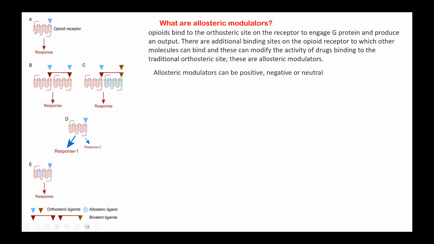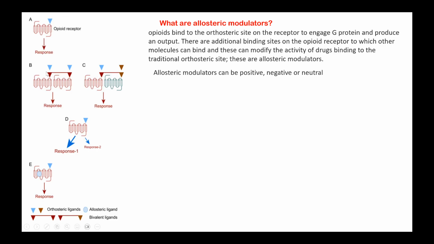Now, this is the picture of the seven transmembrane G protein receptor in the cell membrane. This blue triangle is an orthosteric ligand. It will come and attach to that. Once the ligand gets attached here, it produces a response.